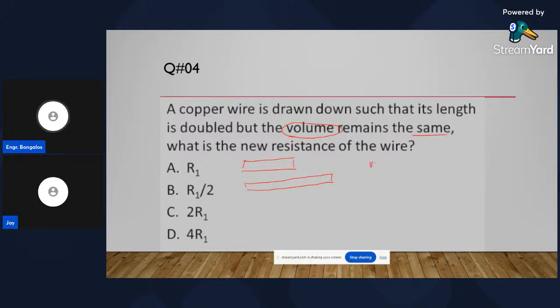So, sabi dito yung V2 is equal to V1. So, let natin yung V2 is yung volume 2, then yung V1 natin is yung original volume. Then yung L2 natin daw is naging twice ng original na length.